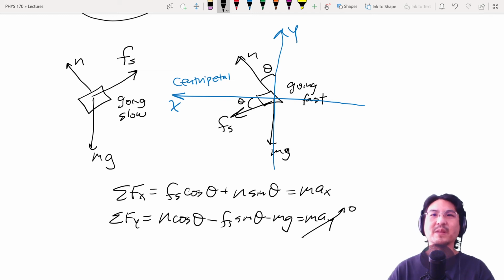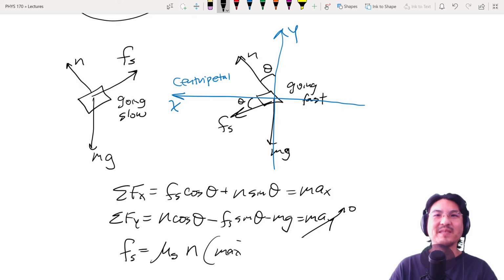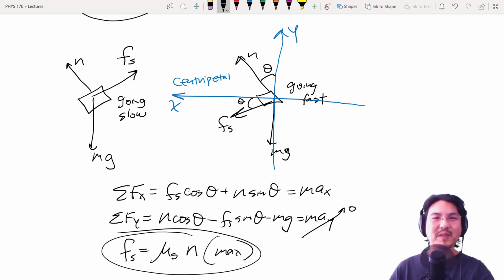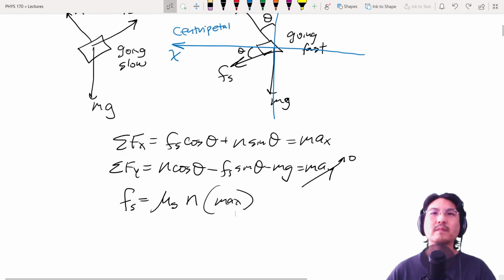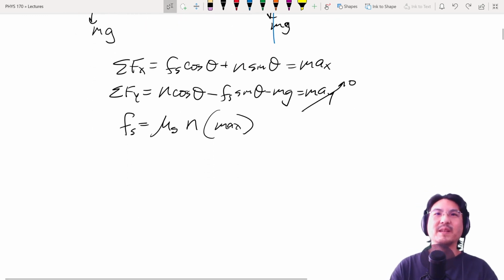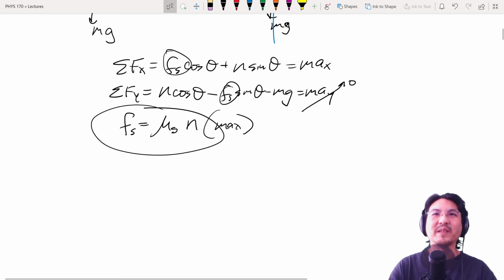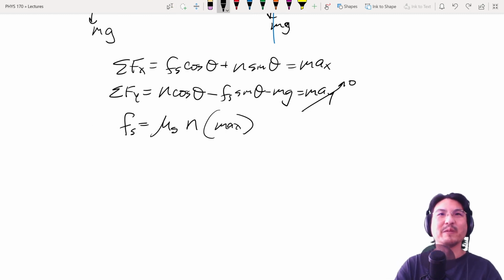Okay, and then we know at most the static friction is proportional to the normal force. Actually, it's less than or equal to this, so at most equal to this. So we can substitute this here and here. I'll rewrite this equation and this equation. The first one, Fs equals mu s n cosine theta.